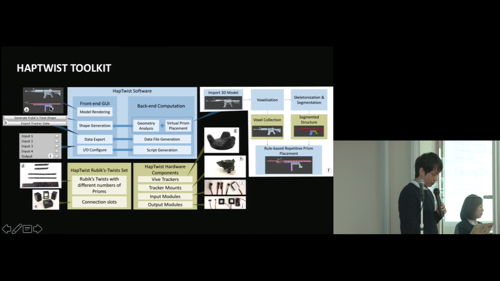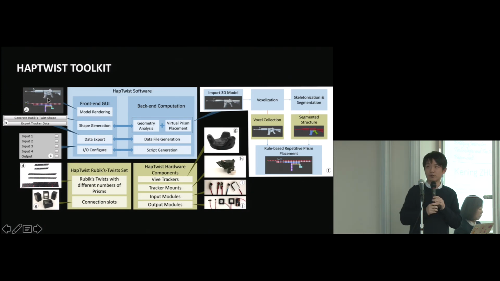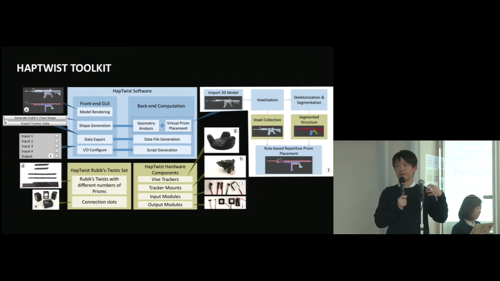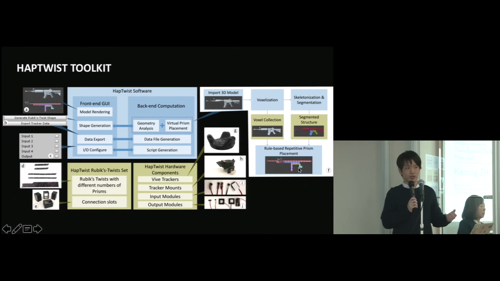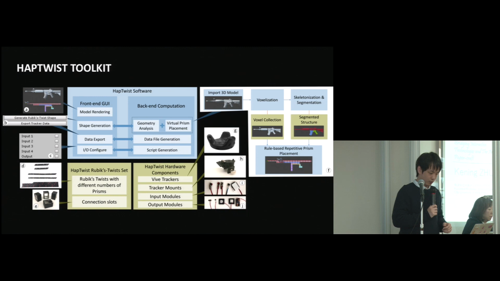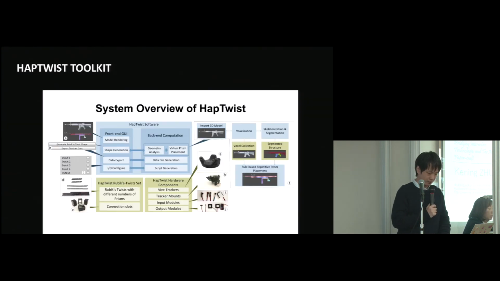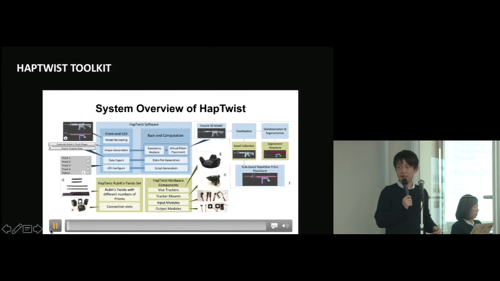The user can load a 3D model, and our algorithm will visualize the 3D model and partition it, and then transform it into the structure of Rubik's Twist, and then teach the user how to fold it, and generate a set of scripts that the user can import into the virtual reality, and use the Rubik's Twist structure to control and interact in the virtual reality. And this video shows the flow of using the toolkit.